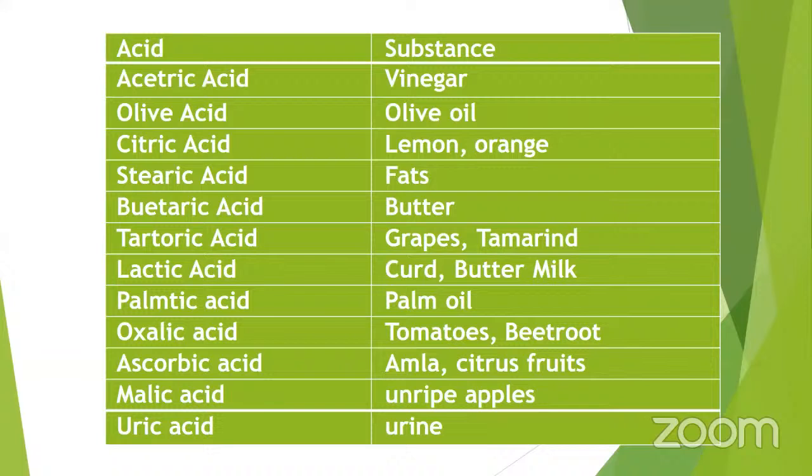Then citric acid, usually in lemons and oranges, the citrus family. Lemon juice, musambi, orange, all of these are enriched with citric acid. And stearic acid we have in fats, animal fat and bird fats.